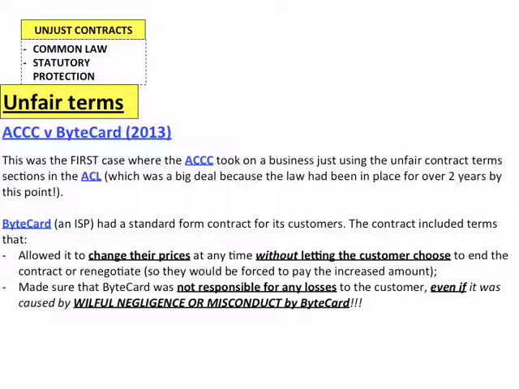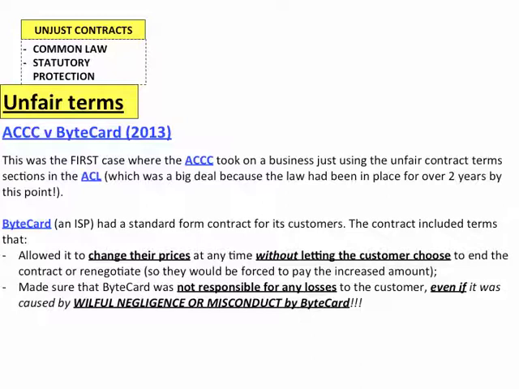It also made sure that ByteCard wasn't responsible for any losses to the customer. It's really typical for businesses to say, we accept no responsibility for any loss while you're using our services. Sometimes they specifically mention, unless under law we are responsible.